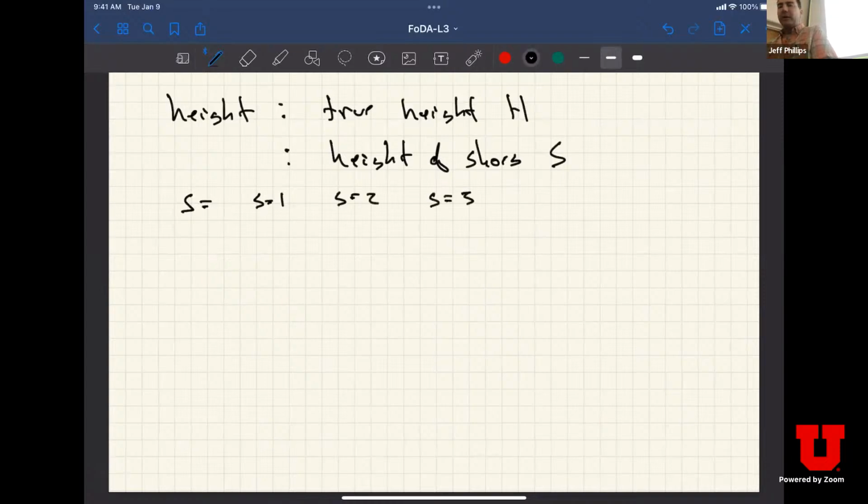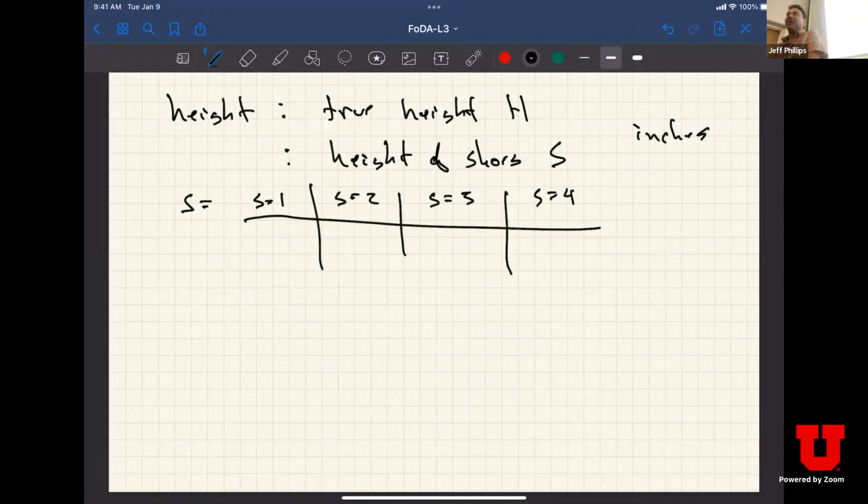So we'll write everything in inches here. Let's say the height of a shoe that a basketball player might wear is between 1 and 4 inches. I can't quite imagine playing with a 4-inch platform, but I think 3 inches is not that unreasonable. Maybe 3 is still pretty large, but in the case of this example, we'll use this, and we have a probability table.